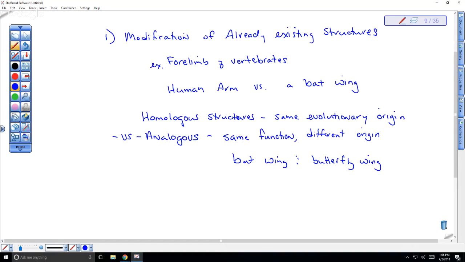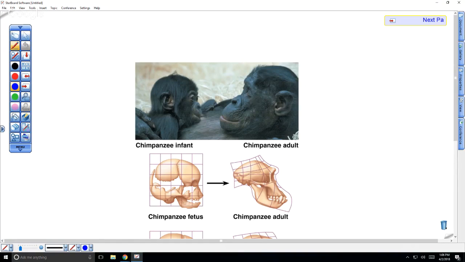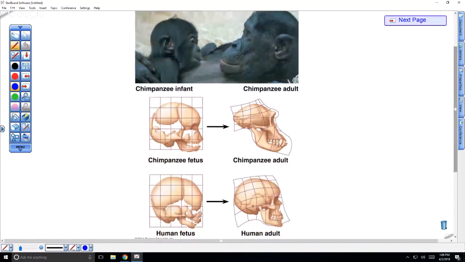One way that things change is through differences in growth, and this is the last thing we'll talk about here. So this is an example of a chimpanzee infant skull and a chimpanzee adult versus humans. So if we look at the skull bones during their young years, the skull bone between the chimpanzee fetus and the human fetus is almost identical. Right? They have the same bones. But the rate at which the bones grow is different. And so here we can see that in the chimpanzee, the jaw gets really big, right?